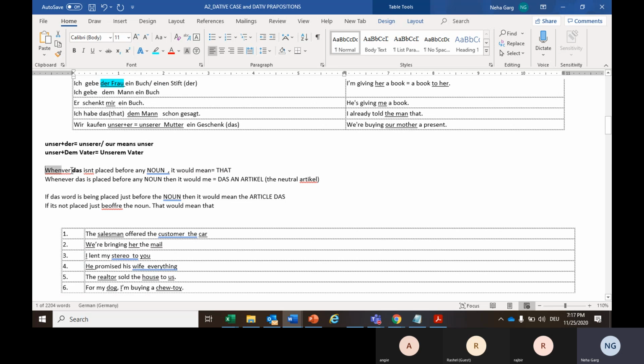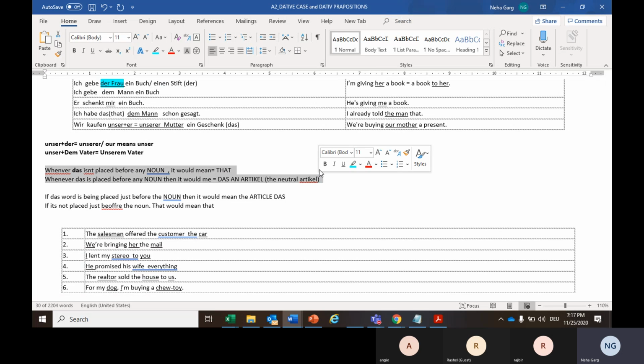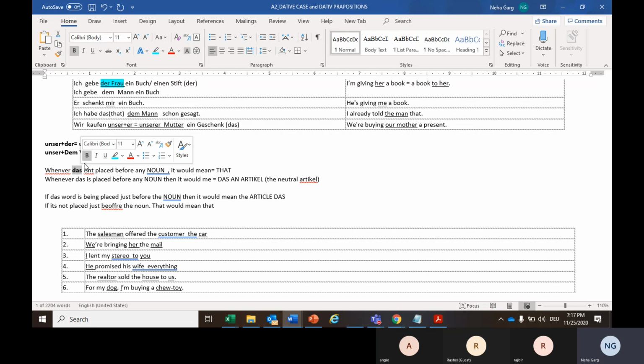See this note first, and while I'm explaining this, please note it down in your notebook side by side. Whenever das isn't placed immediately before any noun, it would mean "that". Das is also an article which we use for neutral nouns, and thus also means "that". But how are we going to identify if das means "that" or an article?